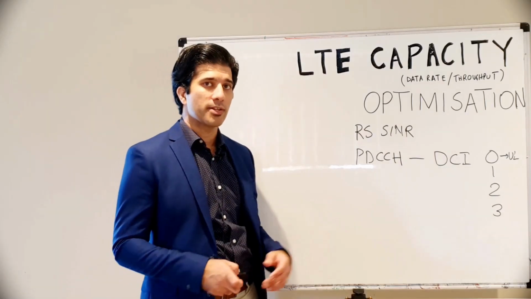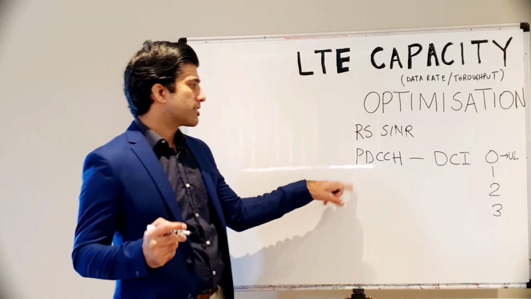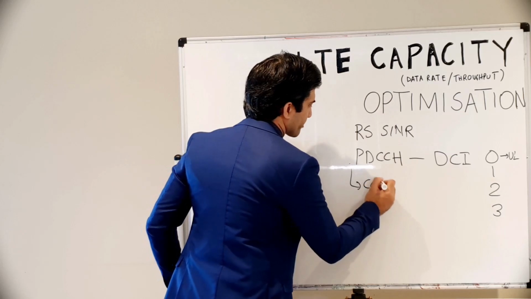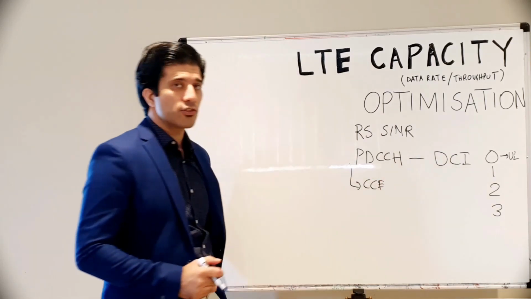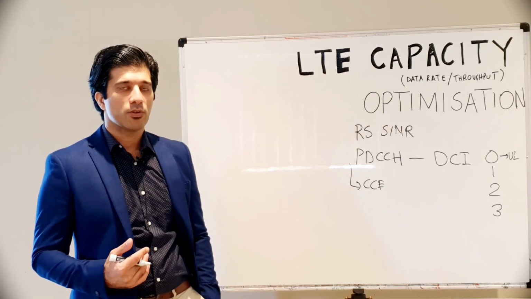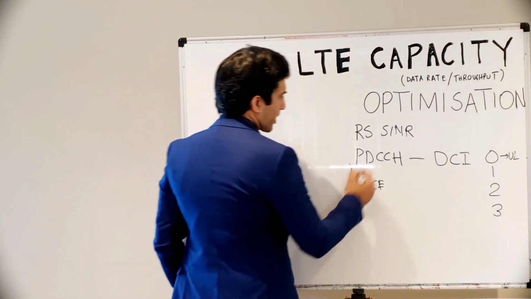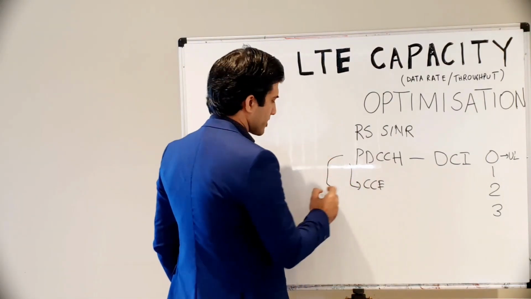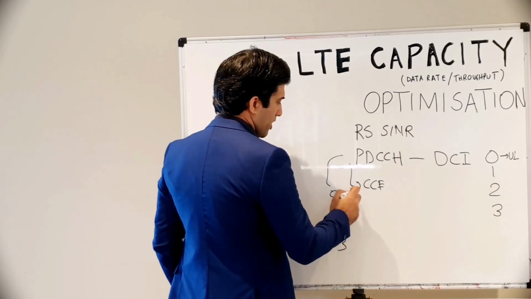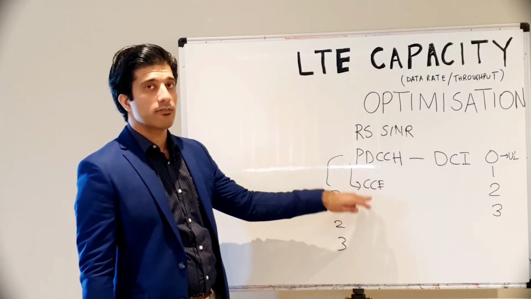How PDCCH capacity is calculated is also a very interesting aspect. PDCCH capacity is usually calculated in terms of CCE. CCE is your control channel elements. I will explain in terms of the LTE resource block how CCE works. PDCCH has 4 formats, that is 0, 1, 2 and 3, and these PDCCH formats correspond to a particular CCE format.